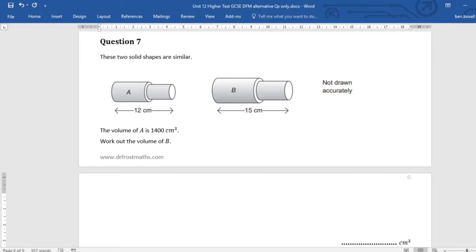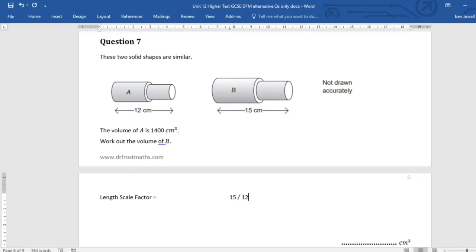When you move into 3D shapes and you start talking about volumes and areas, I would start calling the scale factor the linear scale factor, or the length scale factor. So the length scale factor is the 15 there divided by the 12 there. Big one divided by the small one, as always.